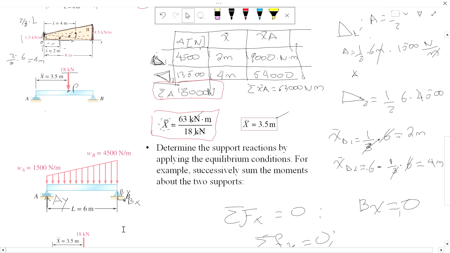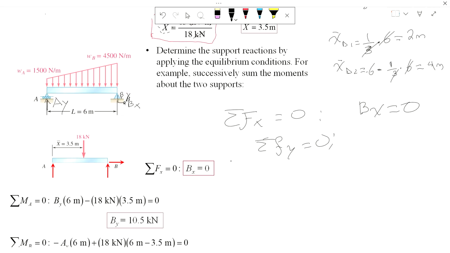But in Y, we have more than one. In Y, we have AY plus BY minus, sorry, what is this called? 18,000, or the distributed force, or W, whatever you want to call it, FW, equal to 0. And this happens to be AY plus BY.